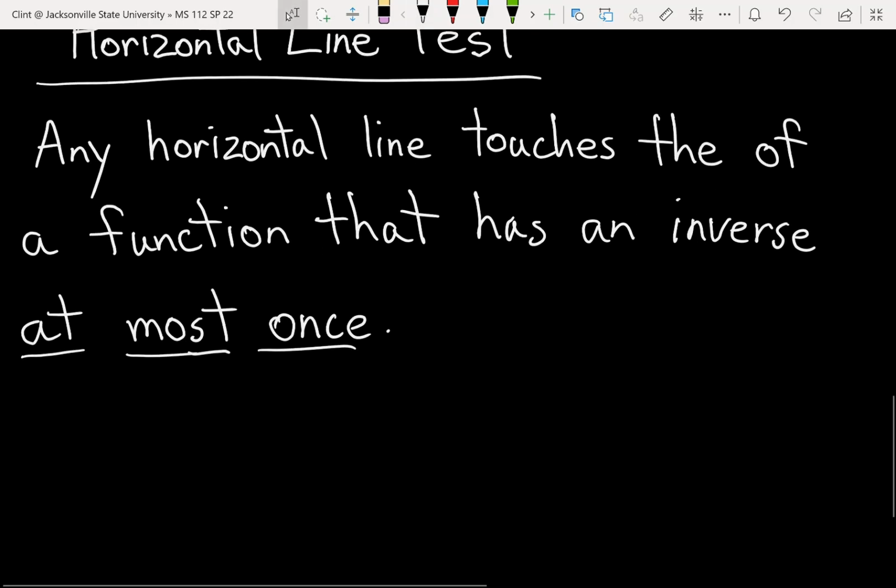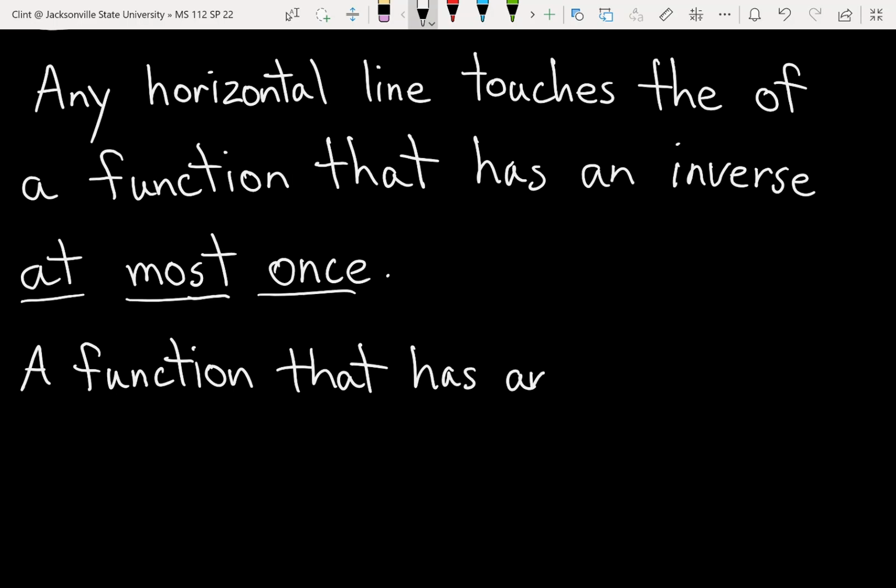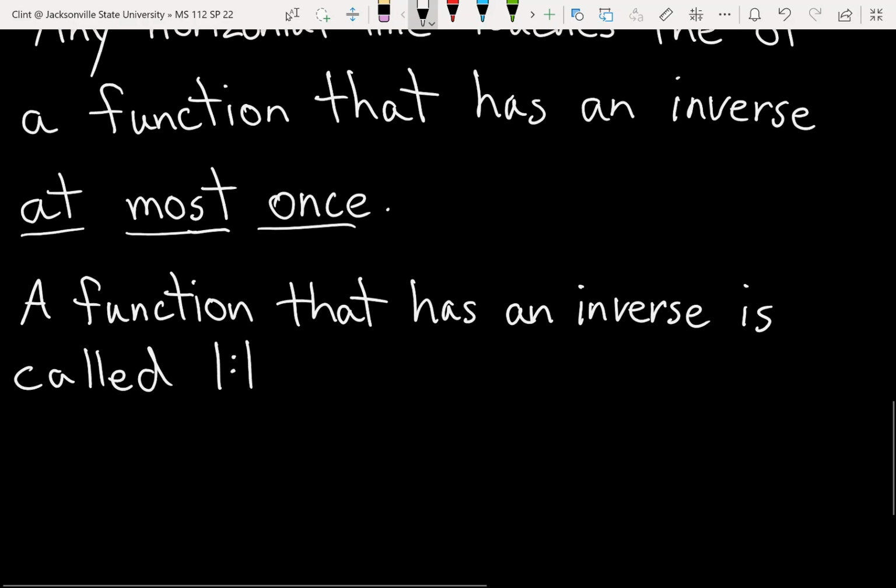And then a little bit of vocabulary here. A function that has an inverse, that property of having an inverse, we give a name. We call it 1 to 1, or you can spell it out.